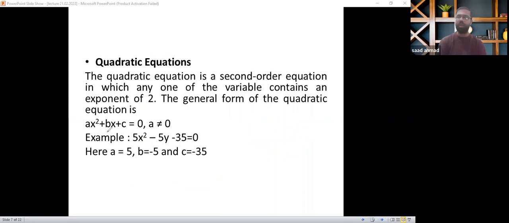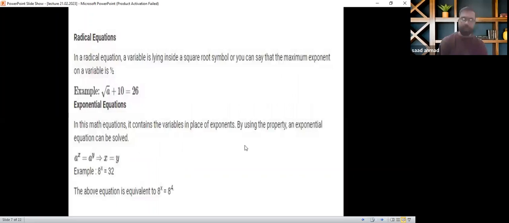The standard form we normally use is ax squared plus bx plus c, for which we use the quadratic formula as well. The a, b, and c are the coefficients, and x and y are the variables. These are just different types of equations that you can encounter.